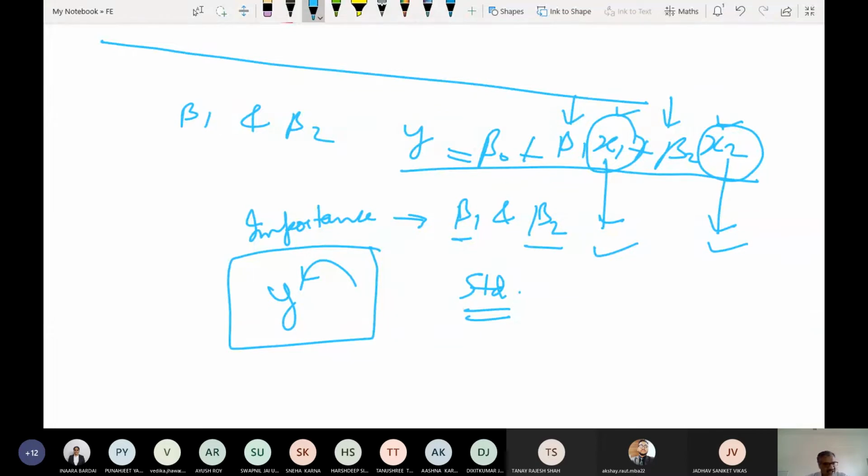Their relative importance can be estimated with the help of a standardized coefficient, and their absolute value is seen. The higher the absolute value of standard coefficient, the relatively more important is the independent variable attached to that coefficient.